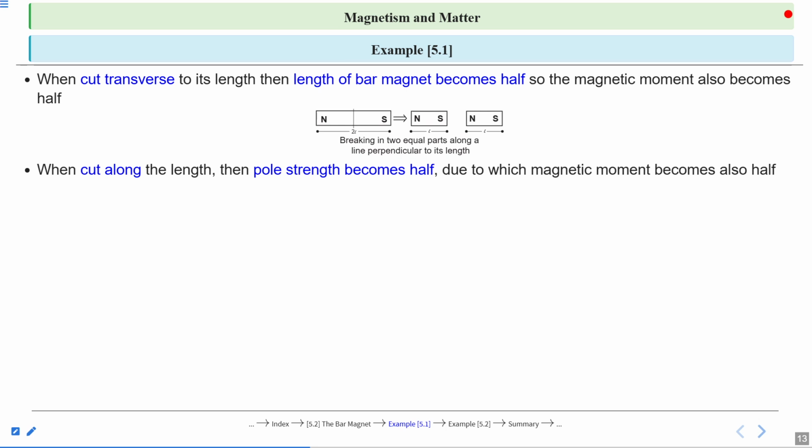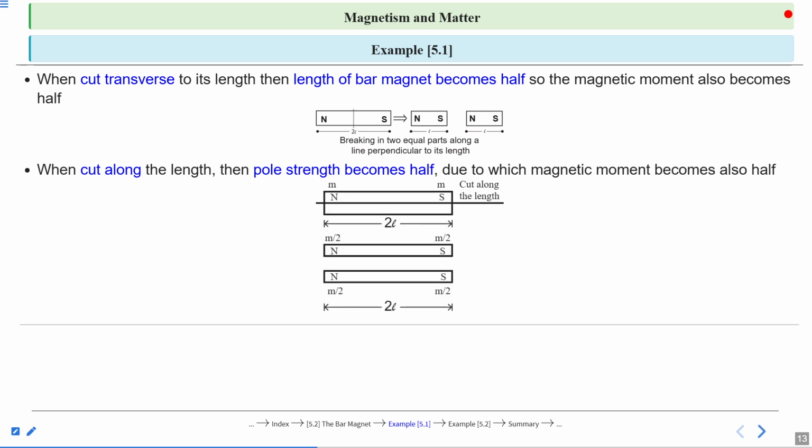If we cut along the length, it will result in 2 magnets and the magnetic moment will become M by 2. The pole strength will become half, the magnetic moment becomes M by 2, and the length will remain the same, 2L.